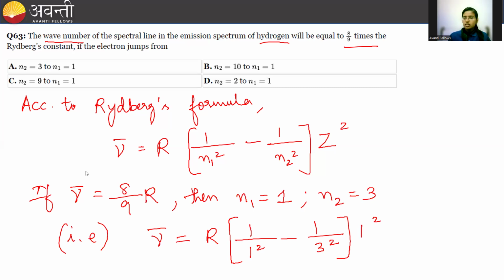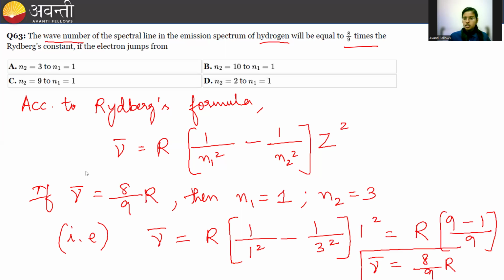If we take the LCM, we'll get R into 9 minus 1 by 9, which is equal to 8 by 9 into R. So on substituting N1 as 1 and N2 as 3, I am getting the wave number value as 8 by 9 into R. So if the wave number has to have 8 by 9 R value, the electron must have jumped from n is equal to 1 to n is equal to 3.